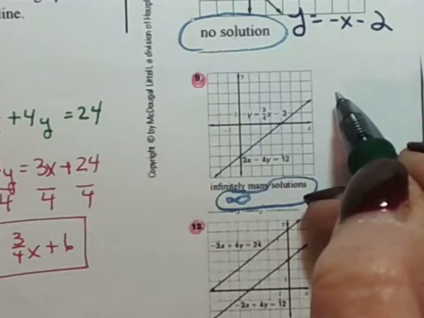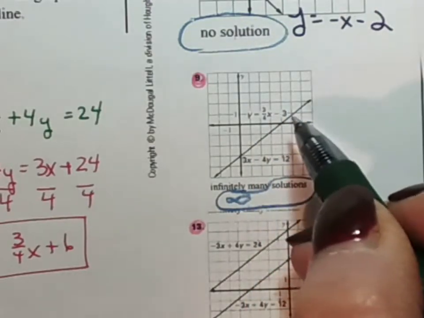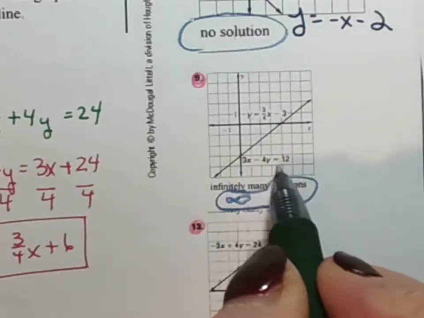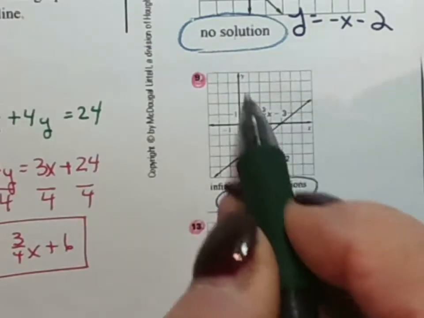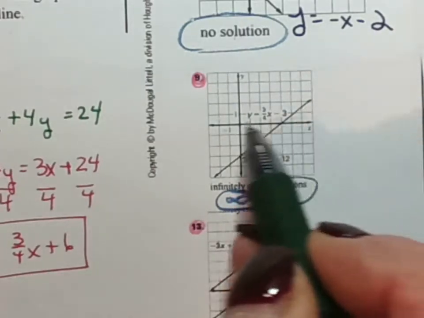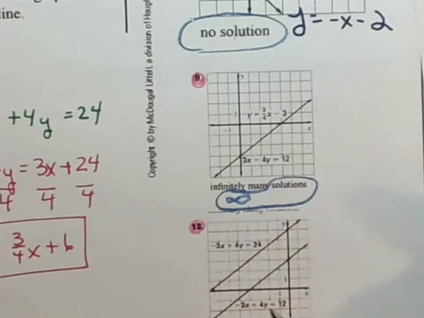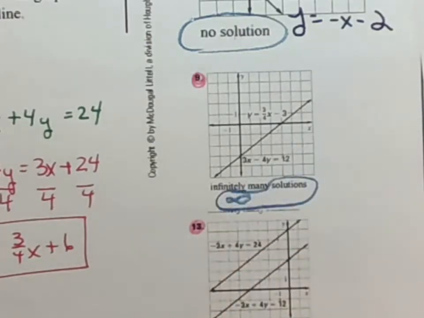Number 9, you got this equation, y equals 3x minus 3. And if you take this equation and put it into y equals mx plus b, you get the same thing. So that means that you have infinite solutions. Same line, the solutions are all the points on the line.